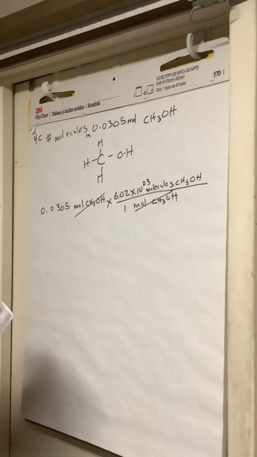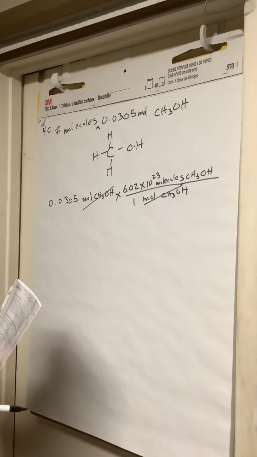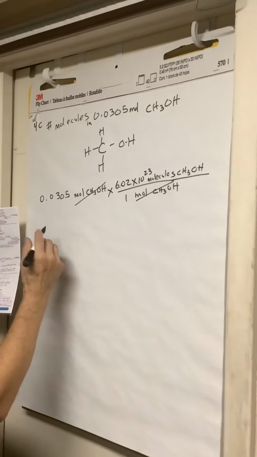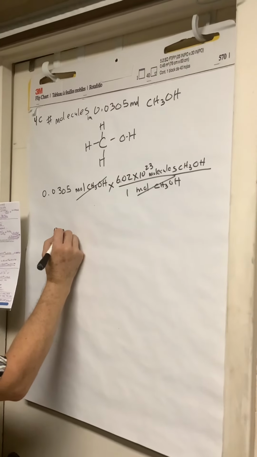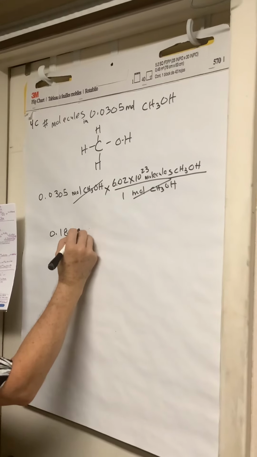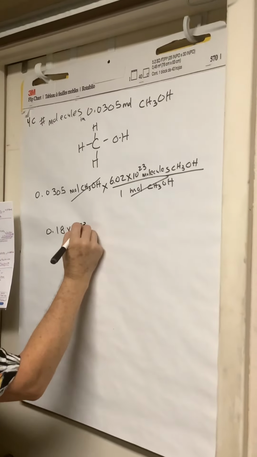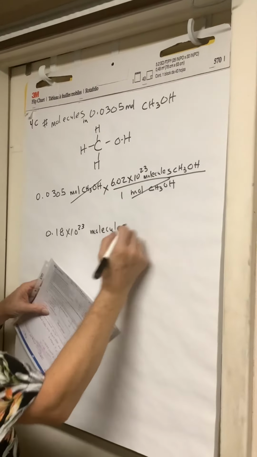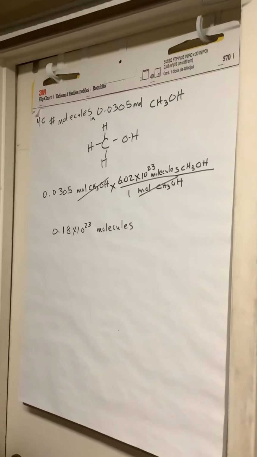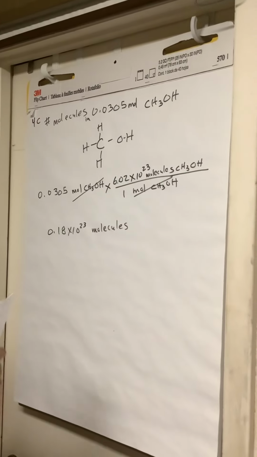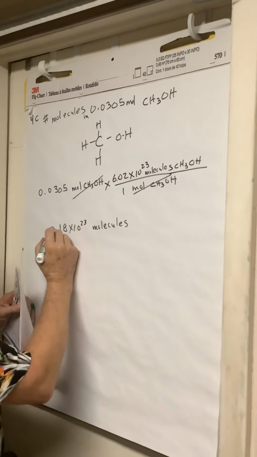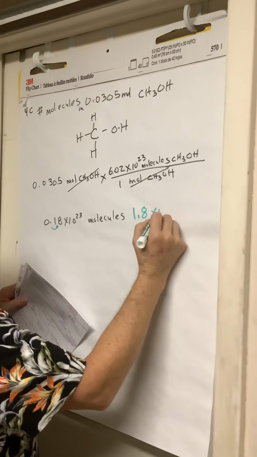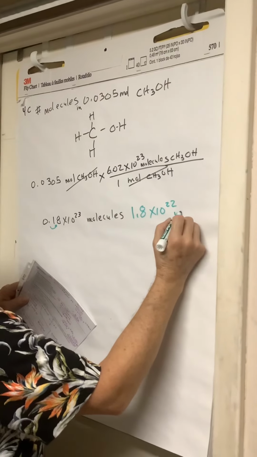And if you do 0.0305 times Avogadro's number, 6.02 times 10 to the 23rd, what I got was 0.18 times 10 to the 23rd molecules, which is not legitimate scientific notation, so it's 1.8 times 10 to the 22nd molecules.